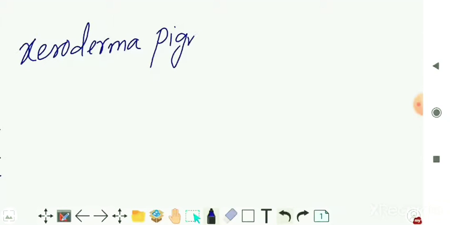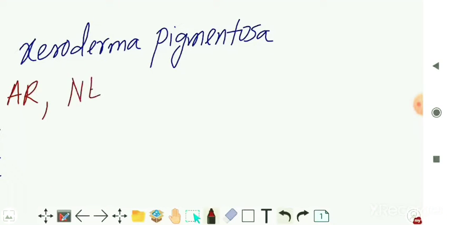Xeroderma pigmentosum is an autosomal recessive condition in which nucleotide excision repair defect is seen. Nucleotide excision defect is a DNA repair defect which is seen on exposure to sunlight.